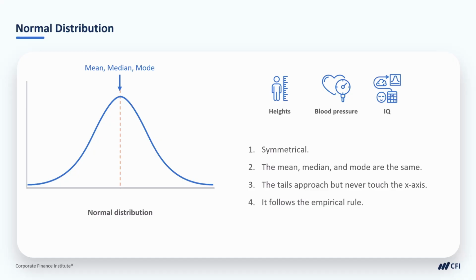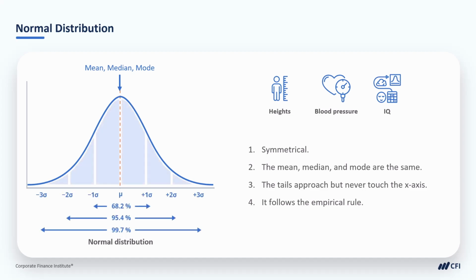By applying the empirical rule to any normal distribution, we can determine the proportion of values that fall into certain ranges of the mean. 68% of our data points fall within 1 standard deviation. 95% fall within 2 standard deviations, and 99.7%, almost all of our data, fall within 3 standard deviations of the mean.